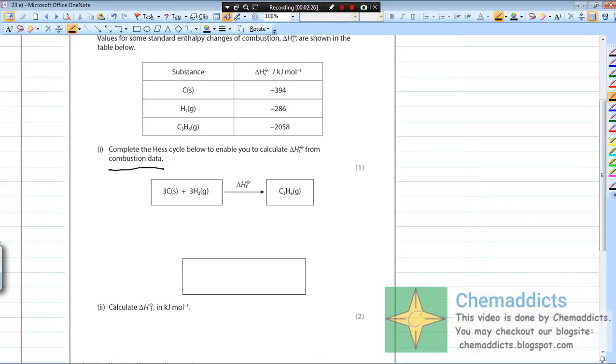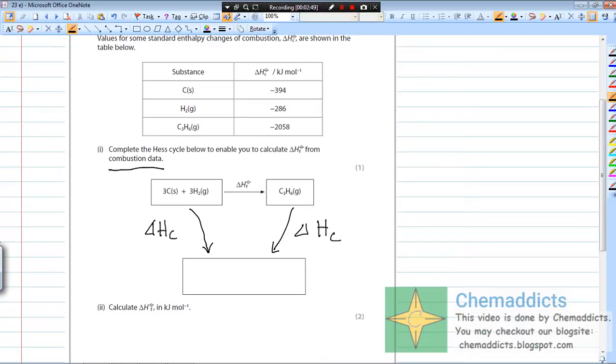Since all of them are combustion enthalpy, the other things should be involving the combustion enthalpy of substances. Okay, so here we will undergo combustion enthalpy. So this should be del HC, this should be del HC.